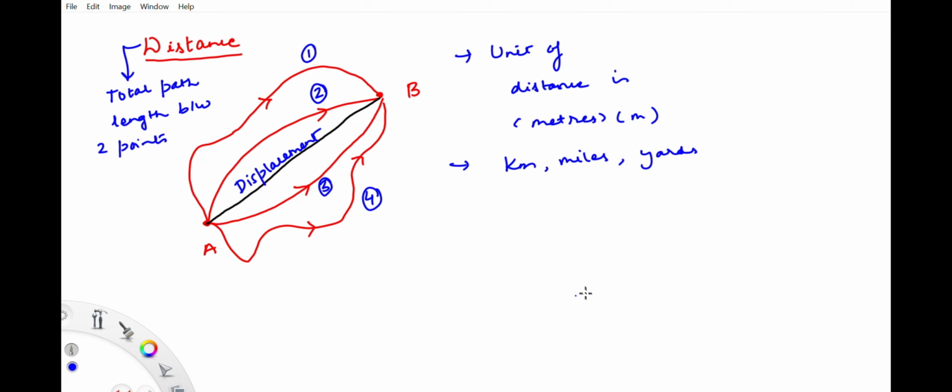Now let us compare these two physical quantities, distance and displacement, and let us see the difference between these two quantities with the help of a very simple and interesting case study. Let us say that there's a person who wants to learn how to drive. So this person joins a driving school for assistance and help, and he starts off his classes on Monday.